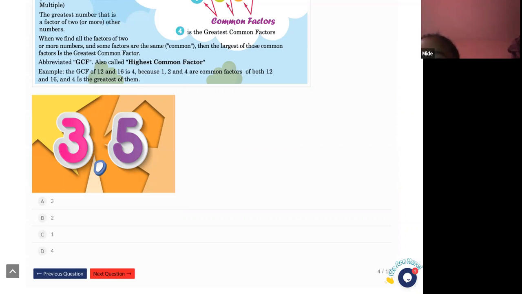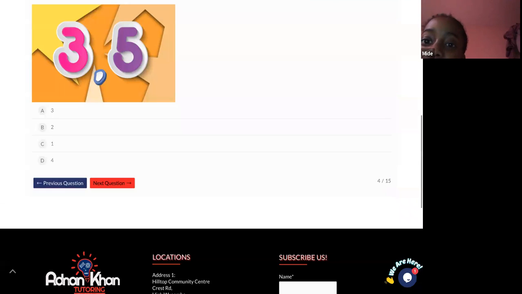Very good. Okay, so we're looking for the highest common factor in this case. So which number can divide into 3 and 5? I can't see the answers. Can you see the screen? Yeah, I can see the screen, but the answers have cut off.